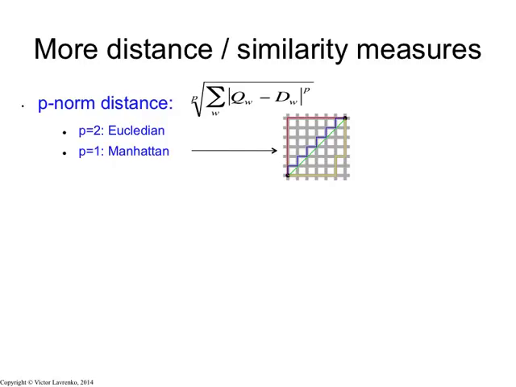The nice thing about the p-norm is you can use other values, and when you stick other values into the p-norm, you get some pretty interesting distance functions. If I set p to be a really, really big number, think about what starts to happen. I have distances between the w coordinate of q and the w coordinate of d.